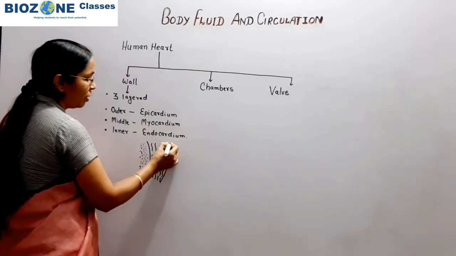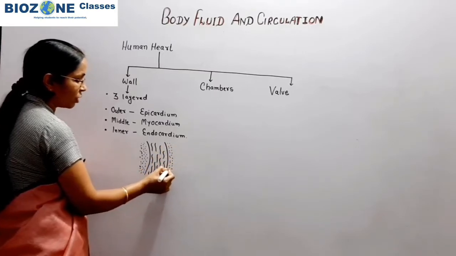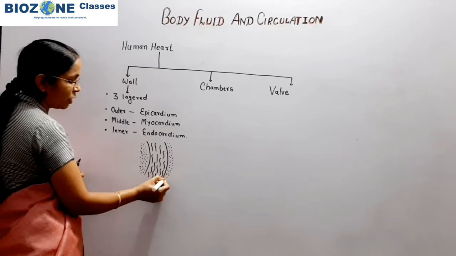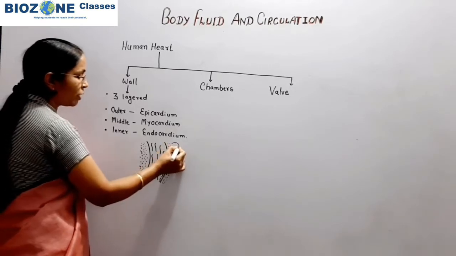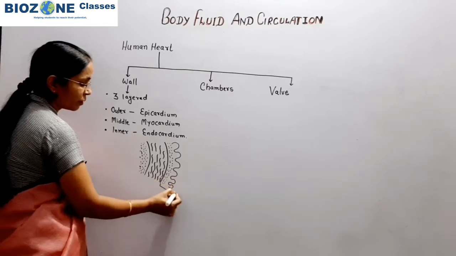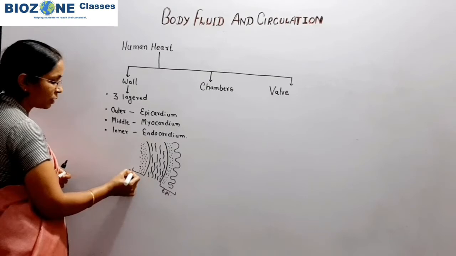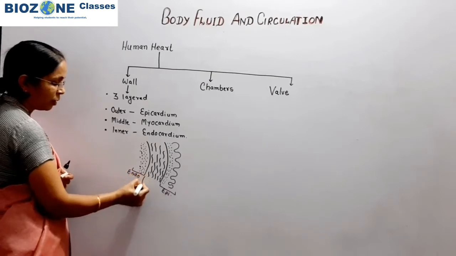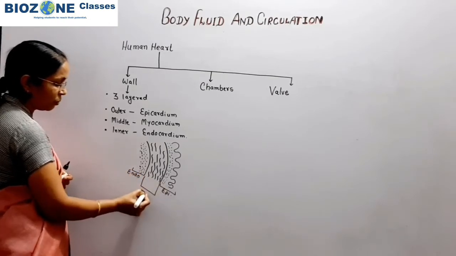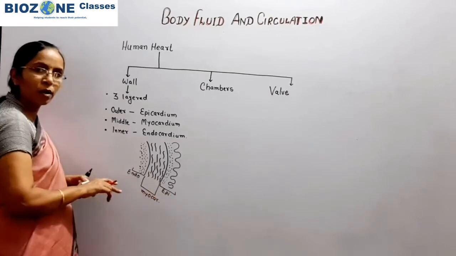Epicardium, you remember, is again made up of 2 layers, so that we study. Now when we study these 3 layers, tissue wise you remember, this is epicardium, this is endocardium, and the middle layer is myocardium.